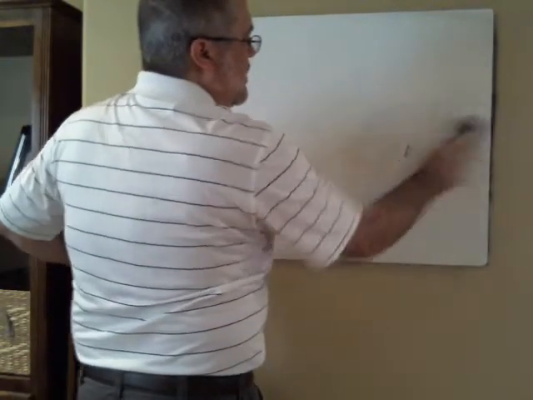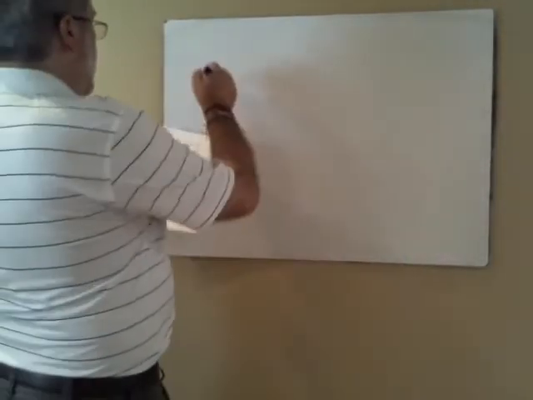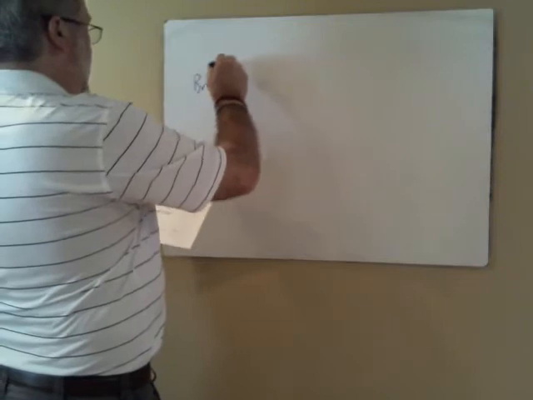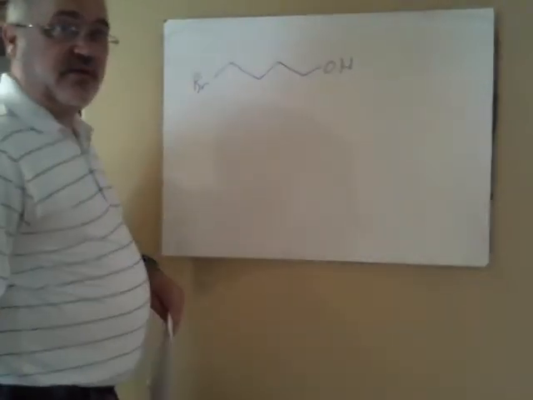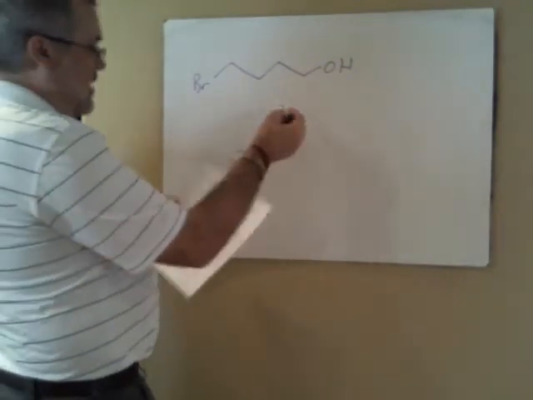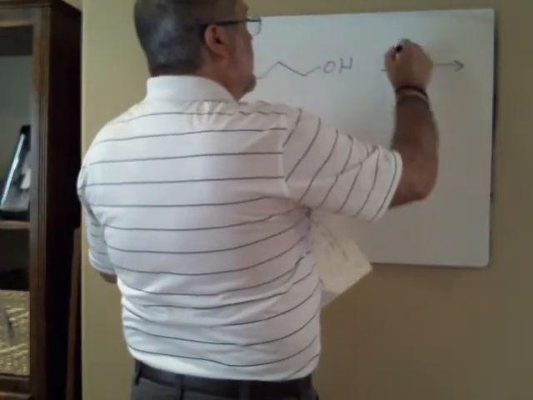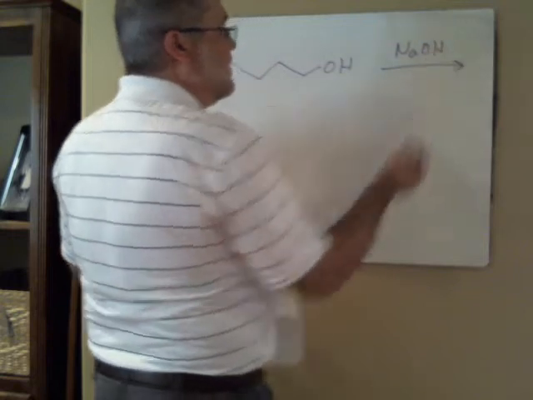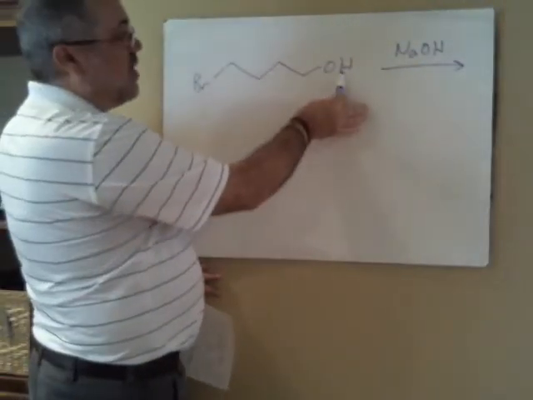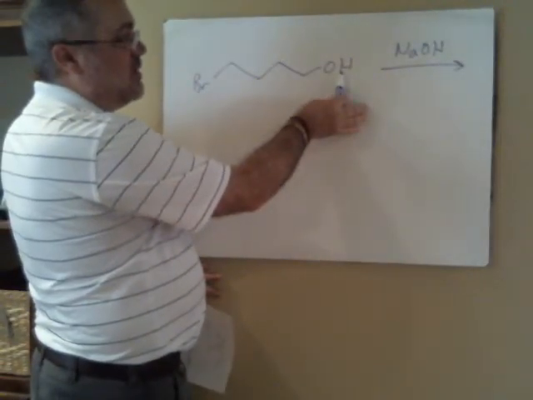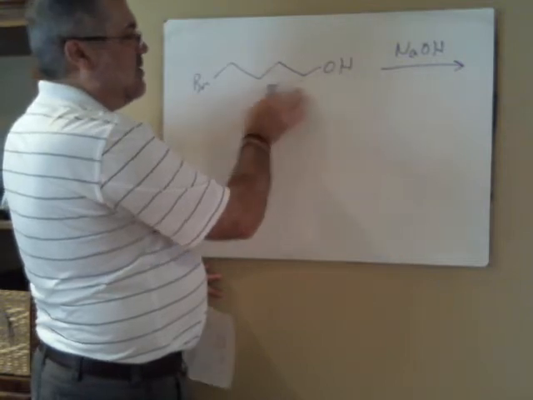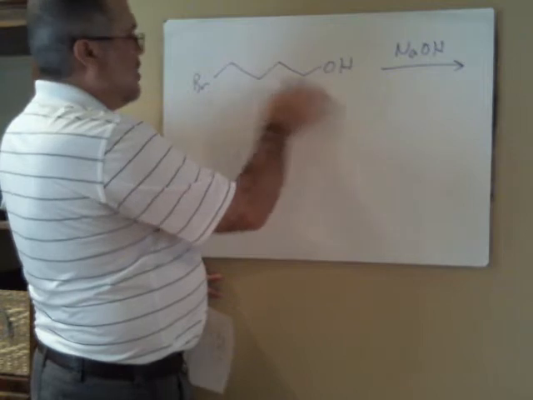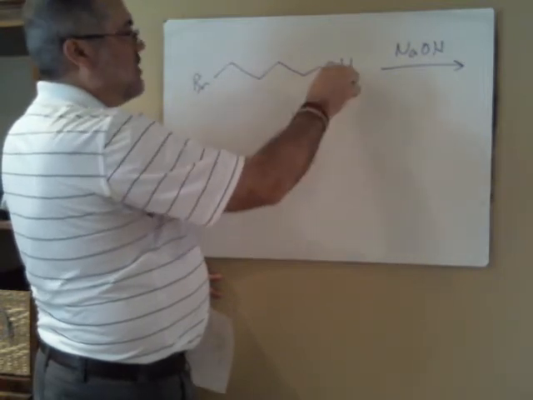Just to give you an example of an acyclic formation, you can do it not only to form epoxides, but also to form ethers. Let's just say we have this compound. We could treat it with base, and it's going to pull off this proton, just like we saw with the halohydrin where we had the vicinal arrangement of the two functionalities.